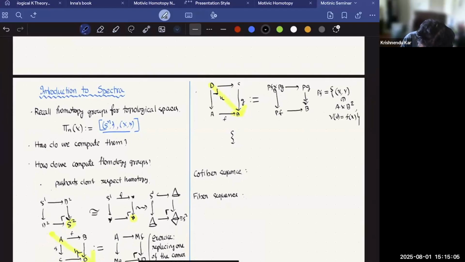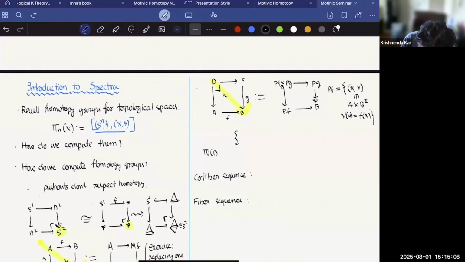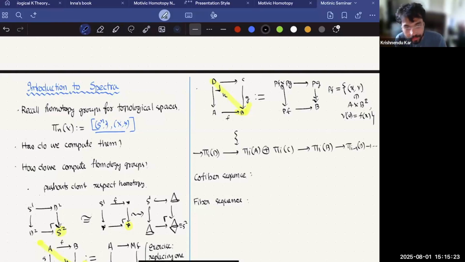You start with pi I of D to pi I of A direct sum pi I of C to pi I of B to pi I minus 1 of D, and so on and so forth. Yeah, this is a pullback here. So far, so good. Are we following? Cool.